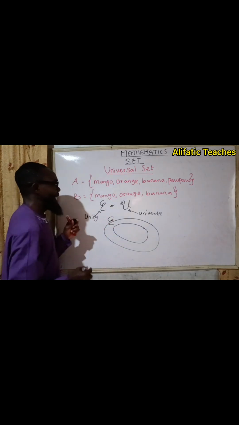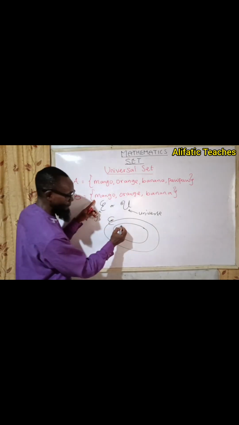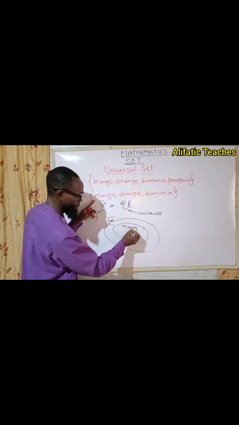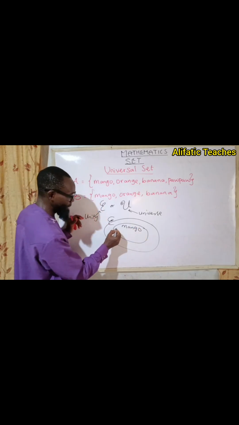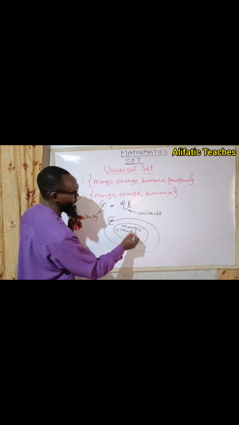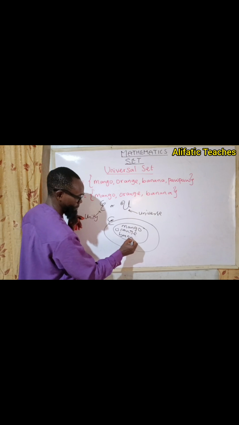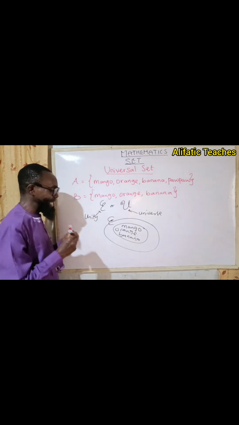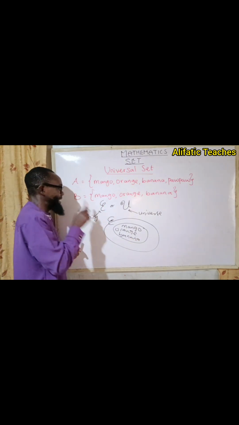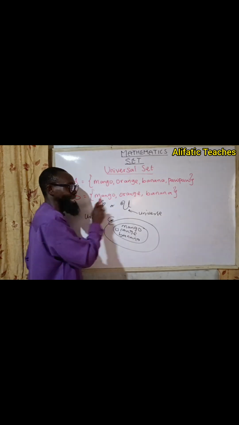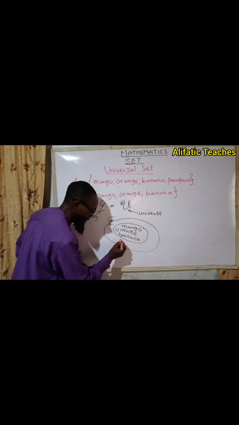Now, all the elements in B, which are mango, orange, and banana. You can also see that there is one element that cannot be found in B. What is the element? Pawpaw. Pawpaw will be here.